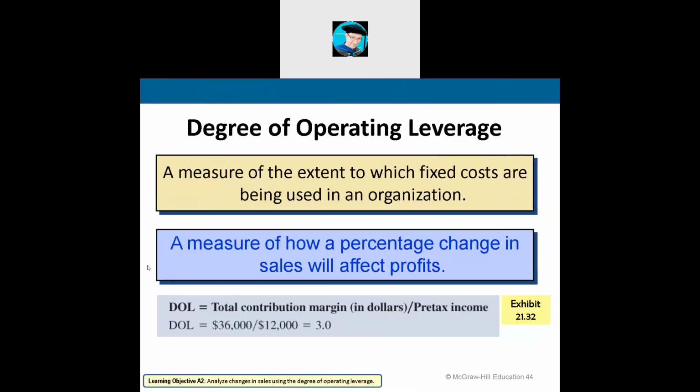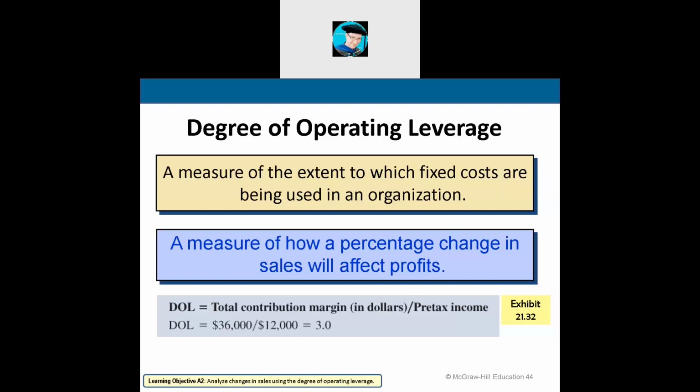One of the last concepts I want to talk about today is called the degree of operating leverage. Leverage is a really important concept. In theory, it's just the contribution margin, but the leverage typically tells us the company's ability to generate profit. Okay? The ability to generate profit based off of the number of sales.